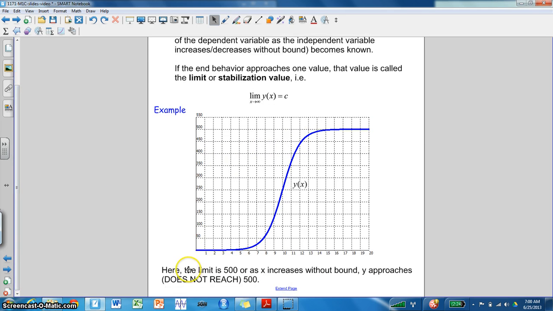So again, we say the limit is 500. One important note is that the function doesn't actually ever reach 500, but it gets extremely close. So it could be something like 499.999 and 9s after that, but it will never actually reach 500.